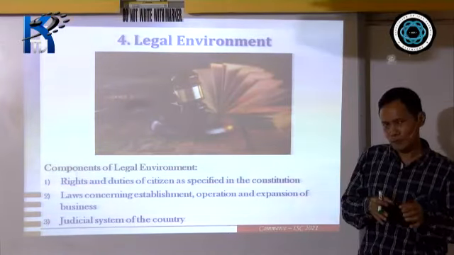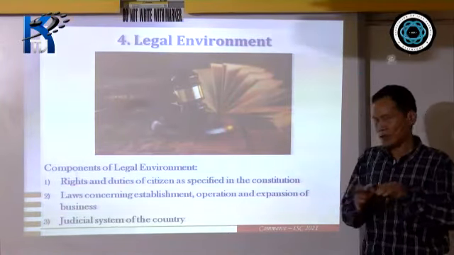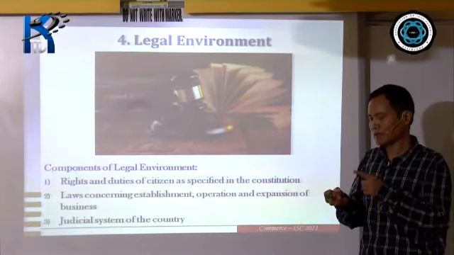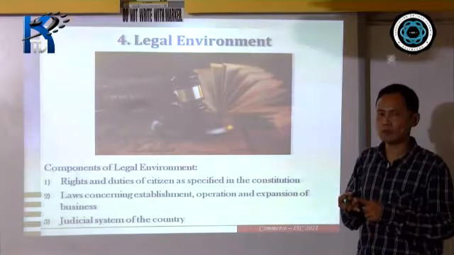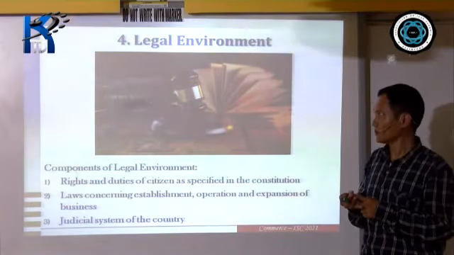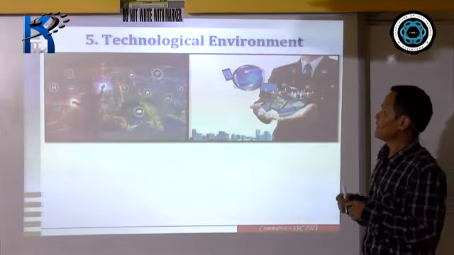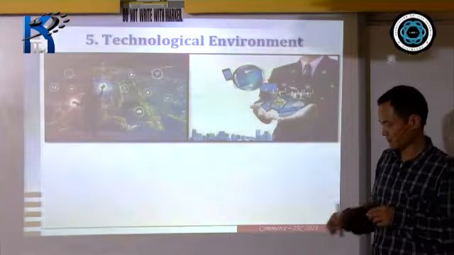Okay? So from the consumer side, to protect the rights of the consumers, we have district forum, state commission, and national commission. Okay? Moving on to next, we have technological environment.